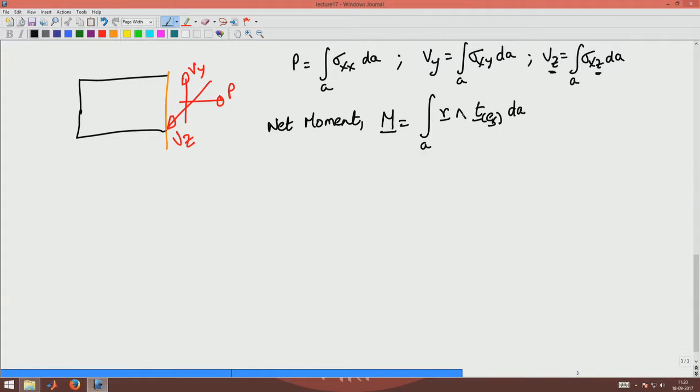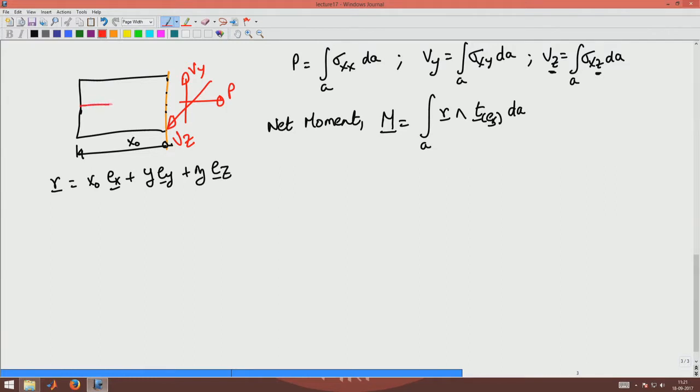This, if you recollect, is a cross product, okay. So, now what is r? Let us assume, for any point in this cross section, what will r be? Say this distance from the origin was x naught, r would be x naught Ex plus y Ey plus z Ez, okay.